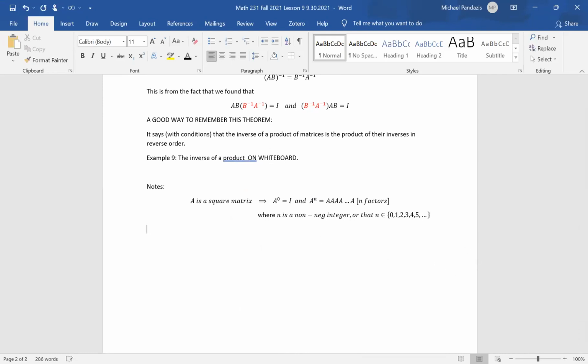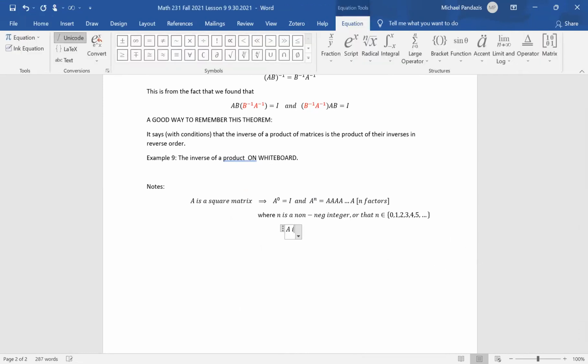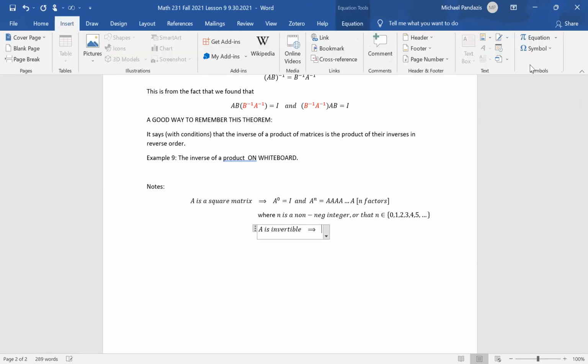Now also, if A is invertible, that implies that A to the negative n is equal to the inverse of that matrix raised to the nth power.